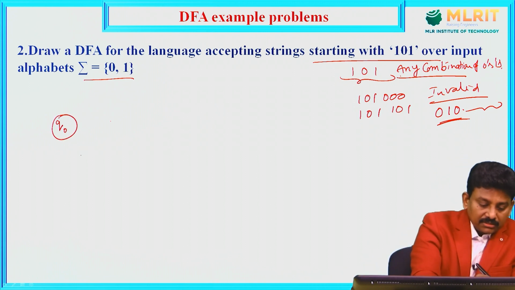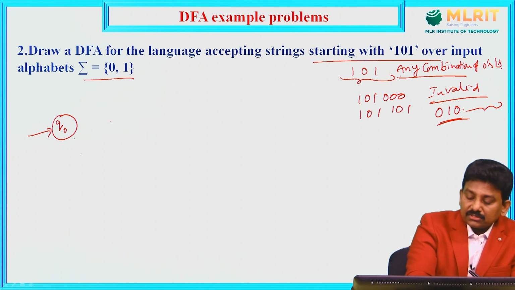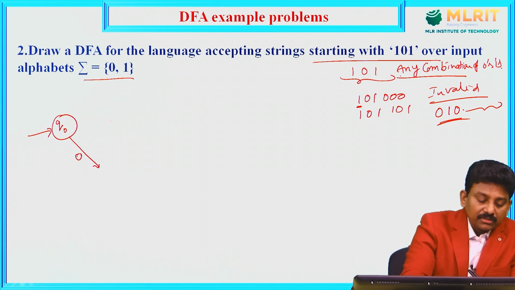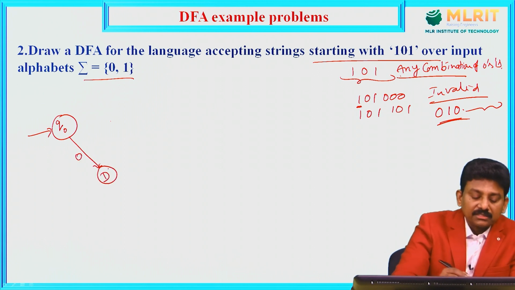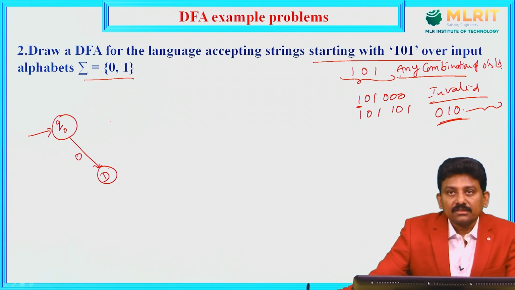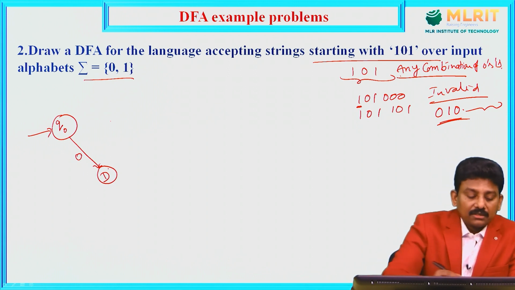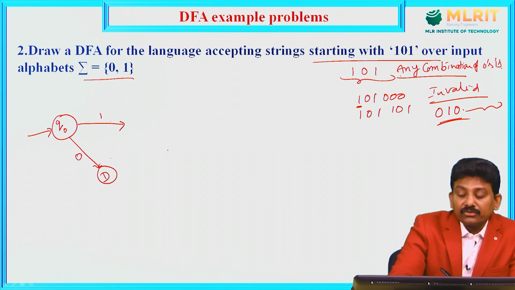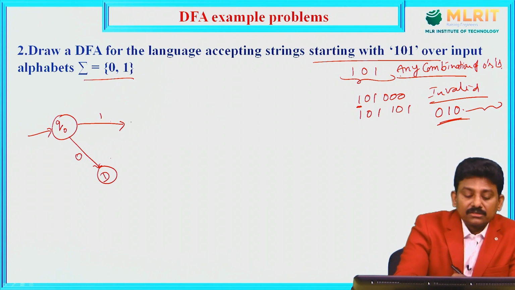Q naught is the initial state. The first symbol must be 1. If the first symbol is 0, I can go to the dead state. There itself we decide that the string is invalid. If the first symbol is 1, that is valid, but we need to check the second and third symbols also.